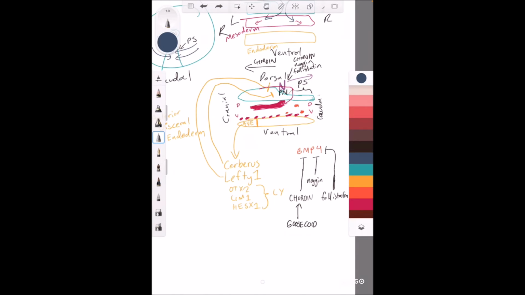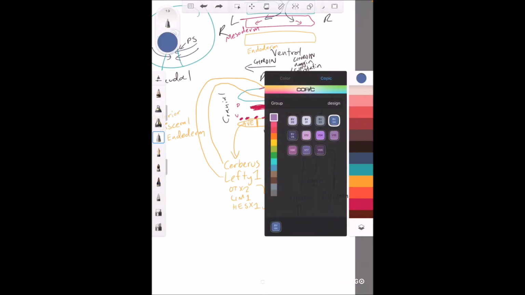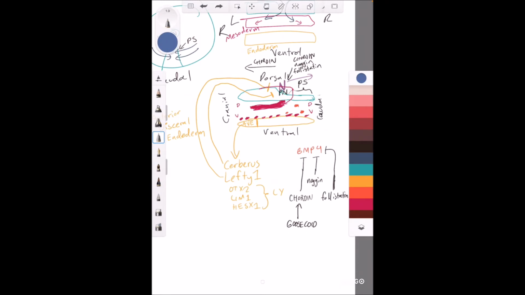So this gene, let's go for a different color here, is another one that's going to be expressed from the node down. It's called brachyury, also known as T. I don't know what the T in parentheses is, but whenever they write brachyury, they always write T in parentheses.